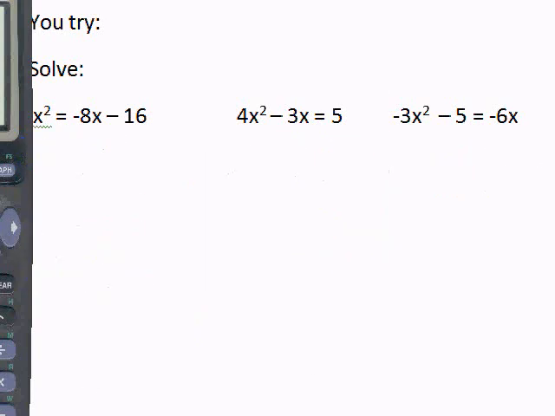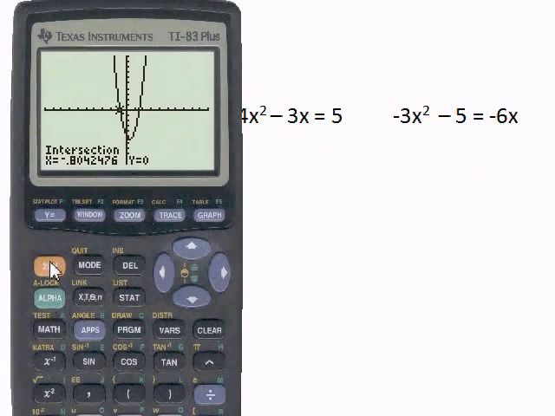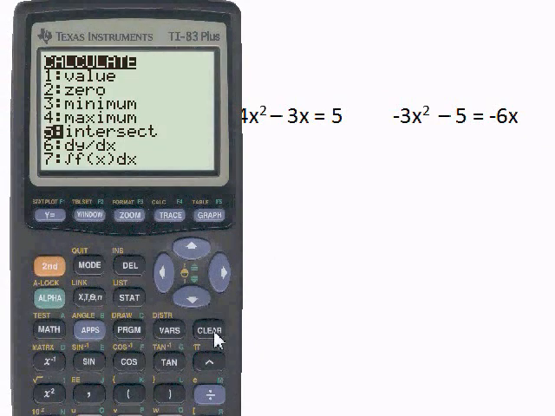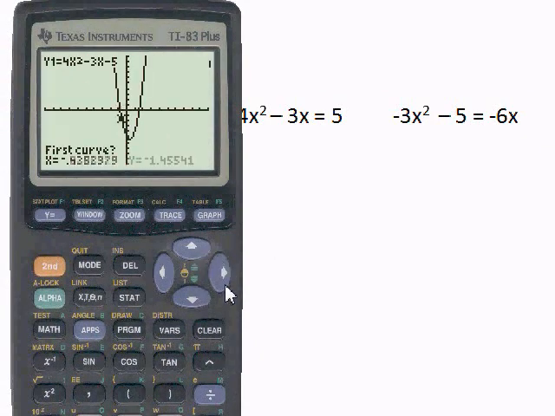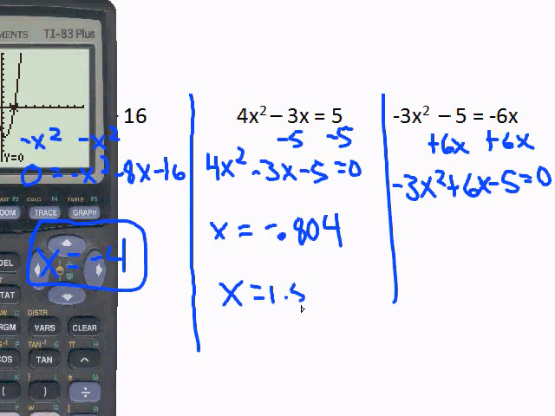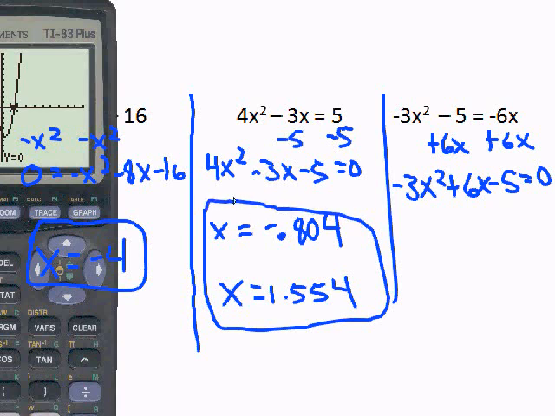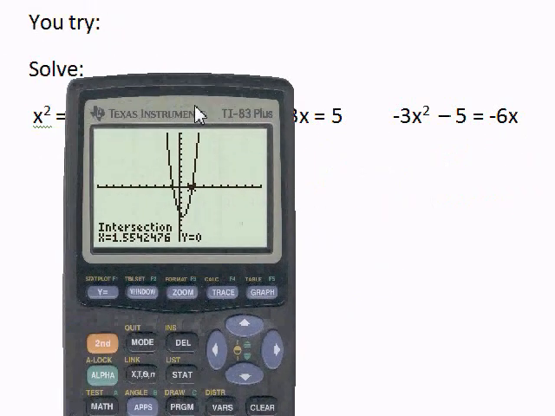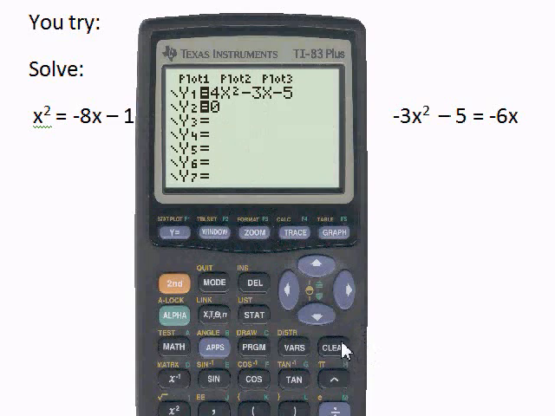And we still have to find the other solution. So we do the same process: second trace, intersect, and we scroll over to the right, press enter 3 times, and we get x is equal to 1.554. So we've got our two solutions for this one, and as you might be able to guess, for the third one, I wanted to give you an example where you had no solution.